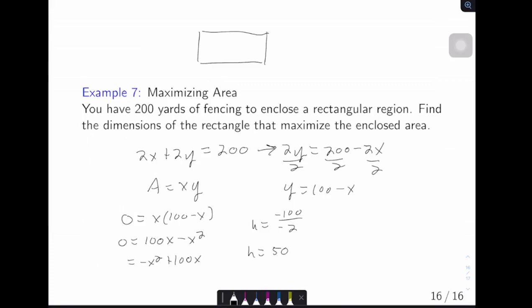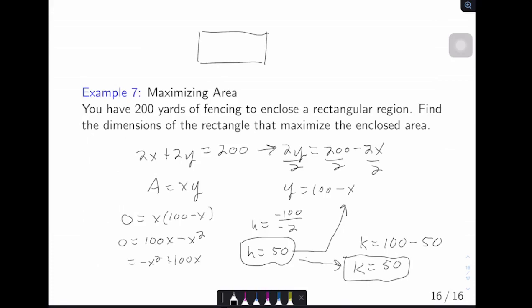Now that we know that, plug that in, and we get our k is equal to 100 minus 50, or this is just a 50 also. So in this case, equal sides. We will maximize the area if our h and our k, our x and our y, are equal to each other.